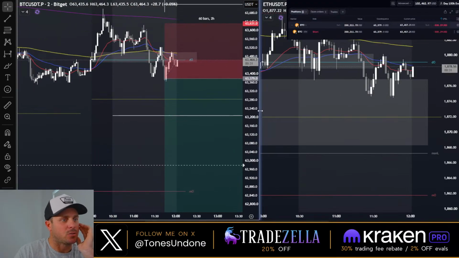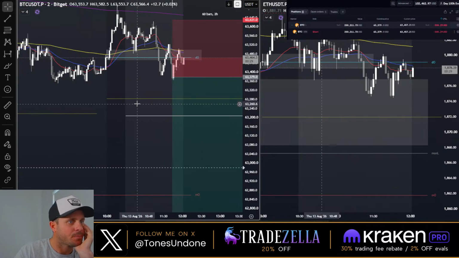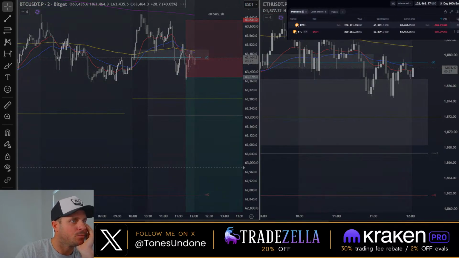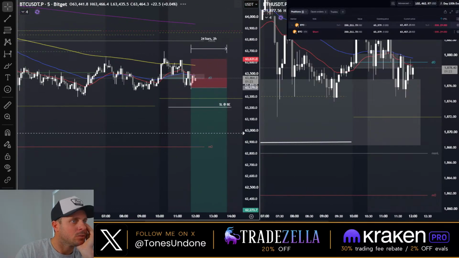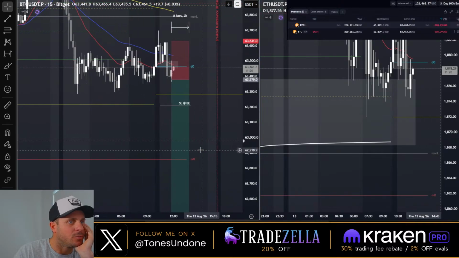It's not bad as long as we keep rejecting this area and the daily open. What do we get on the 15?